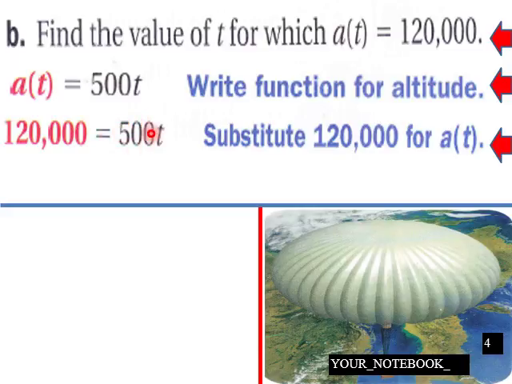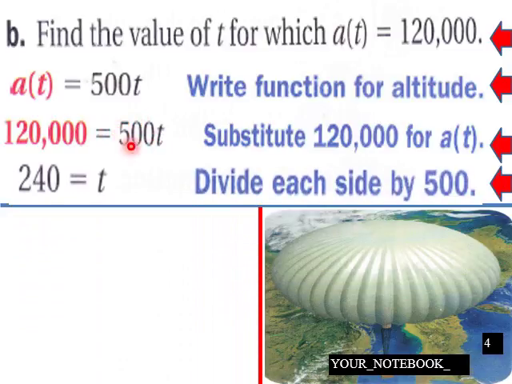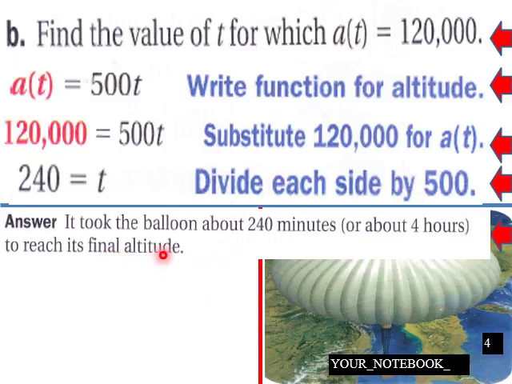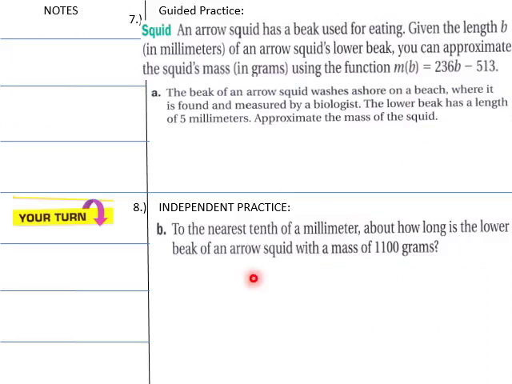So how many minutes does it take to reach that would be the question. Divide each side by 500. So it would be 240 minutes for it to reach this altitude. So it took the balloon about 240 minutes, or about 4 hours, to reach this altitude. And that is your example 4.